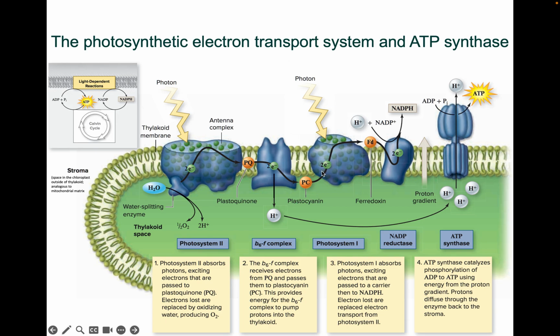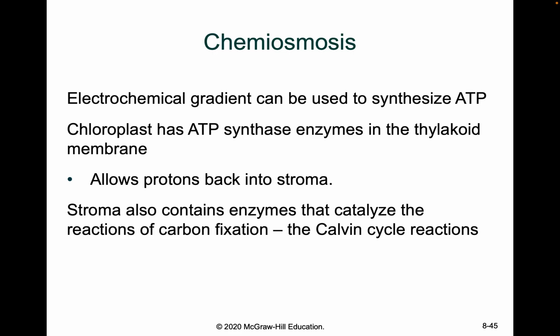So plastocyanin is neutralizing the reaction center that already lost its electrons. The electrons from photosystem 1 go to ferredoxin, which then passes them to NADP plus to create NADPH with the help of NADP reductase. So that's exactly what's happening here. This is a very beautiful summary of it.